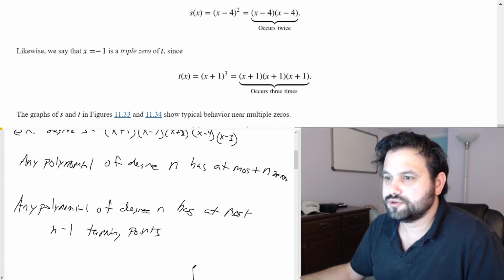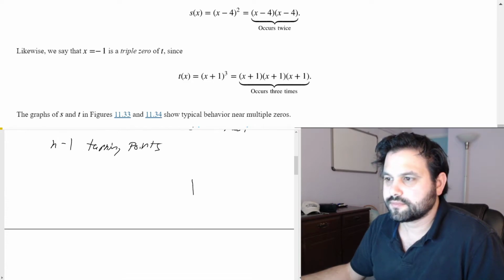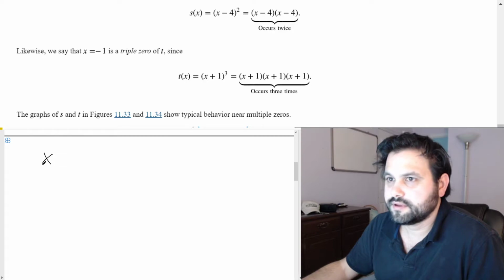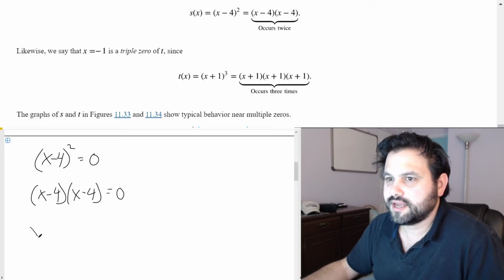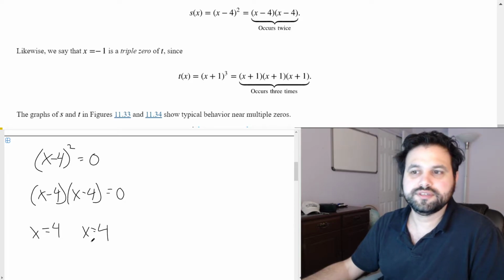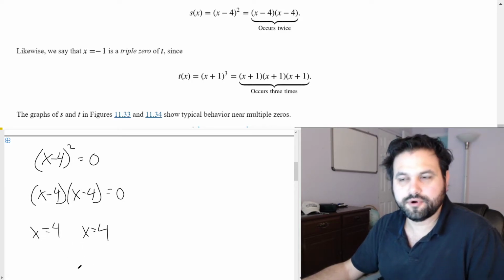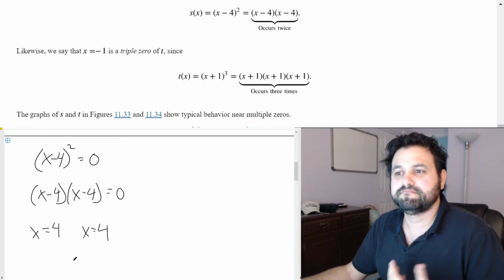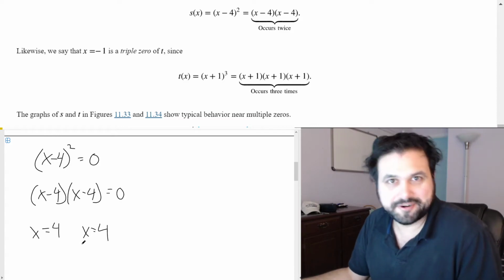So if I were to solve for the zeros there, I'm going to have x minus 4 times x minus 4, and so I'm going to get x equals 4 and x equals 4, right? I get two zeros at x equals 4. We don't have to write x equals 4 and x equals 4 because it's just 4, right? That's all there is to it.